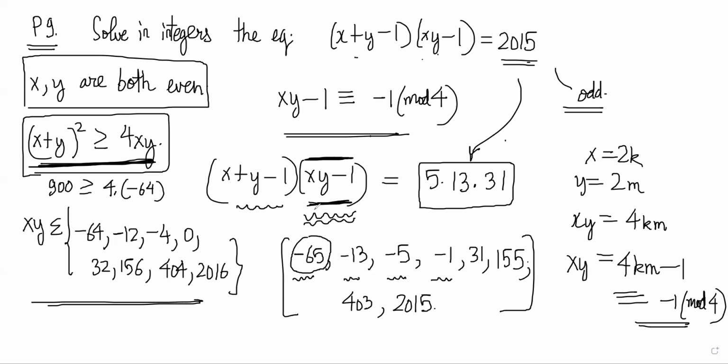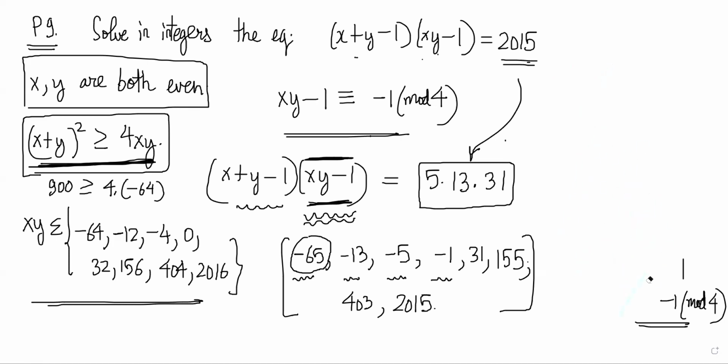What I'm asking you to check here is, out of all of these possibilities of xy, for each of these cases you can calculate what x plus y is. Because if xy minus 1 is -65, x plus y is -30. Similarly, when xy minus 1 is -13, x plus y would be a certain value.